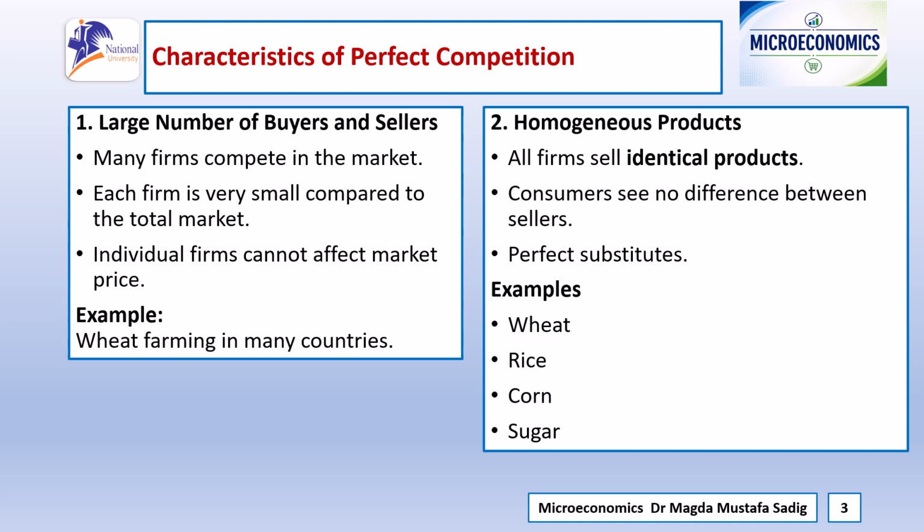Examples include rice, corn, sugar, fruits, vegetables, and others. A kilogram of rice from one farmer is considered the same as rice from another farmer. Therefore, consumers buy based mainly on price.